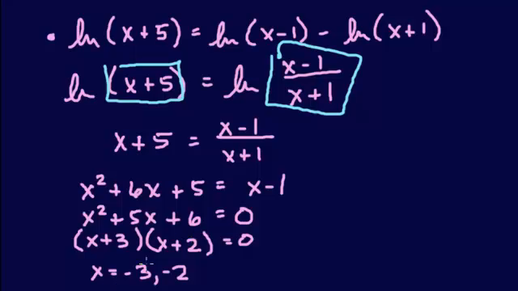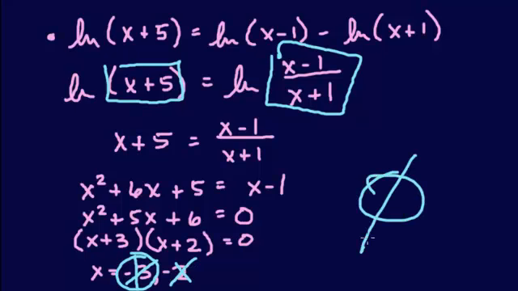So when I go to substitute in, let's say -3, I'm okay on the left-hand side, but on the right-hand side, I run into a serious problem because -3 minus 1 is a -4, and I can't take the log of a -4, so that one is out of there. Same thing goes whenever I try to plug in a -2. That's not going to work either. So this particular problem has no solution. Nice.